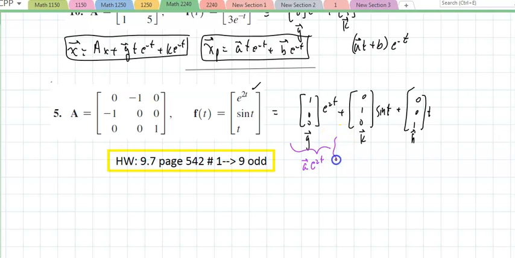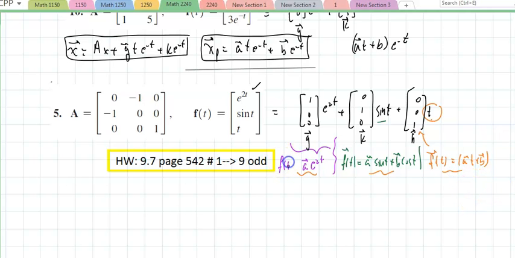Do the work by itself. Remember how we did that? For sine, you would let f of t equal A sine of t plus B cosine of t. And for t, you let f of t equal the general form for t, which is AT plus B.